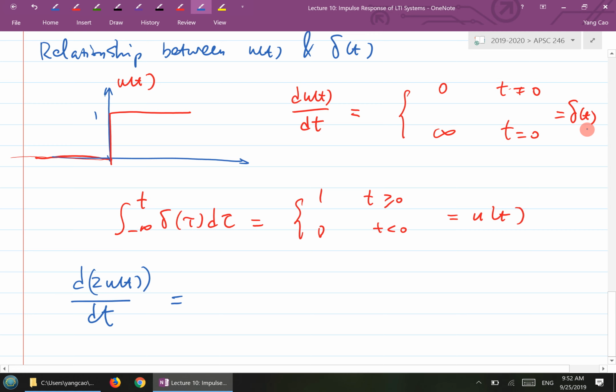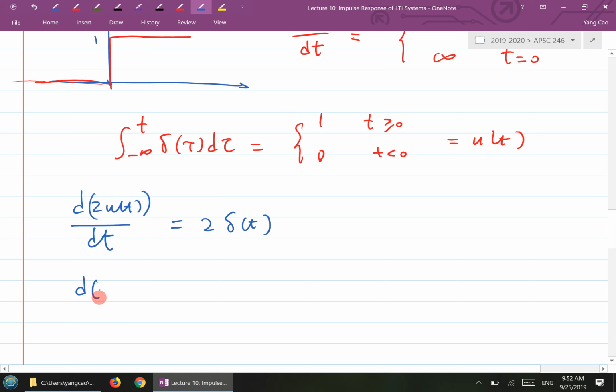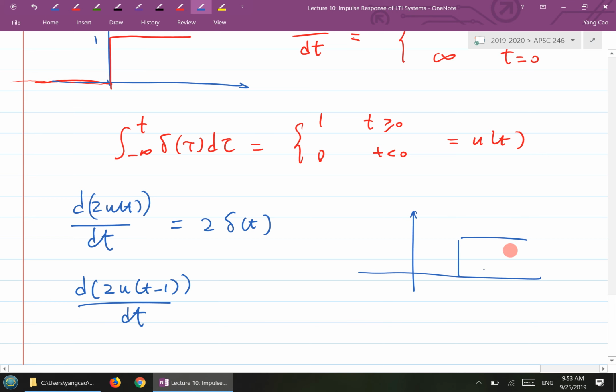According to the definition, if du of t over dt is delta t, then the 2 here gives us 2 times delta t. And how about this one? If I have d of 2u of t minus 1, so a shifted unit step function, shifted by 1, and here is 2.